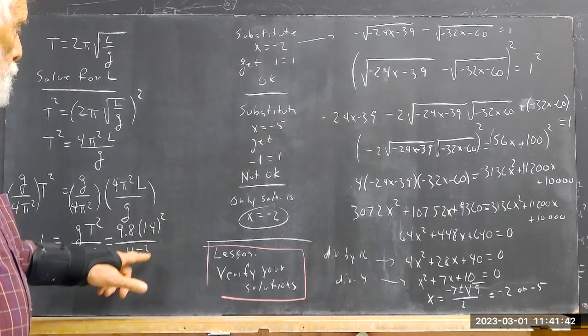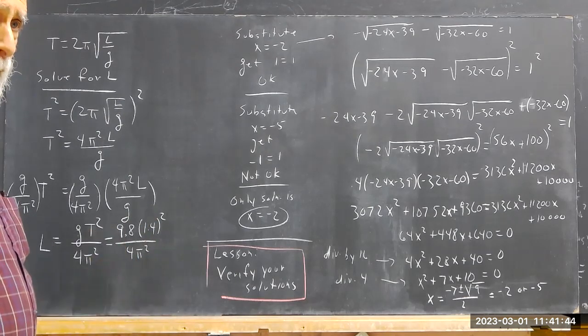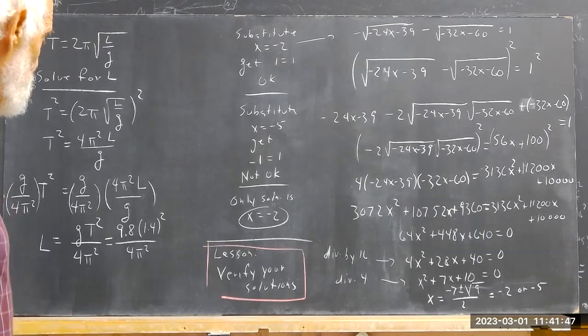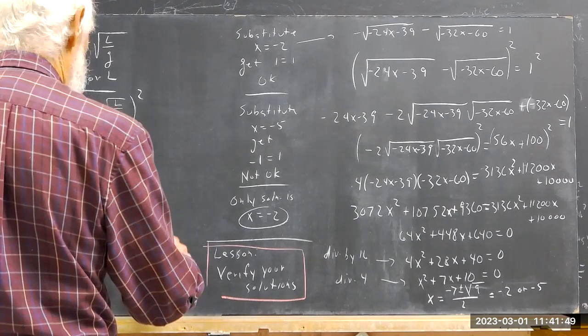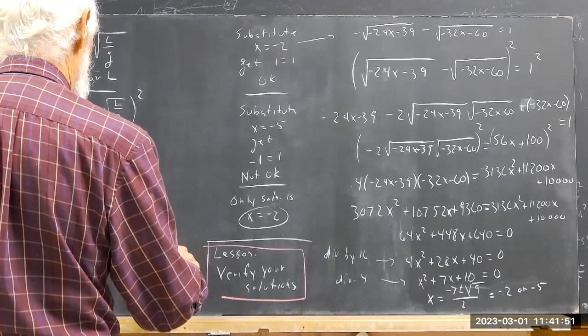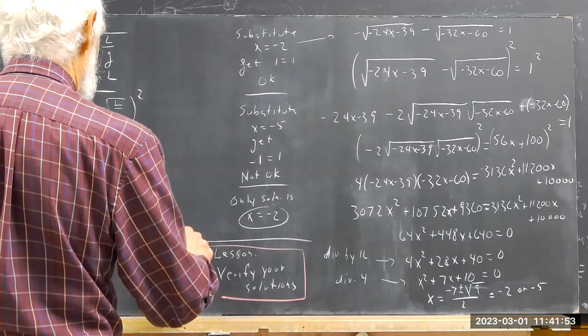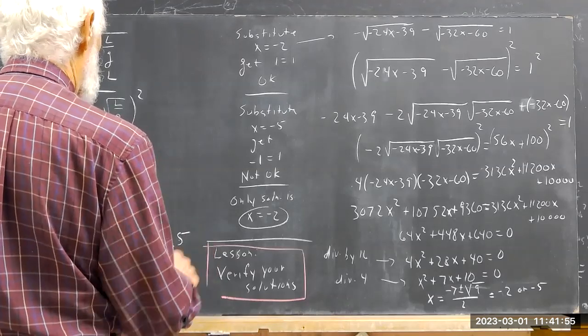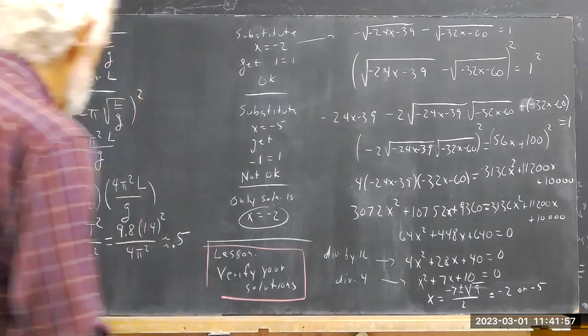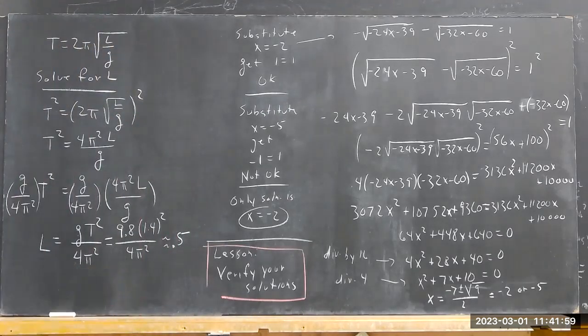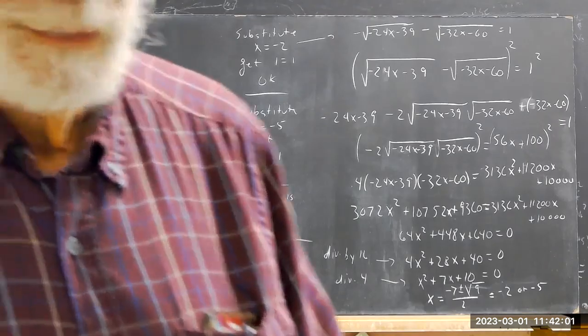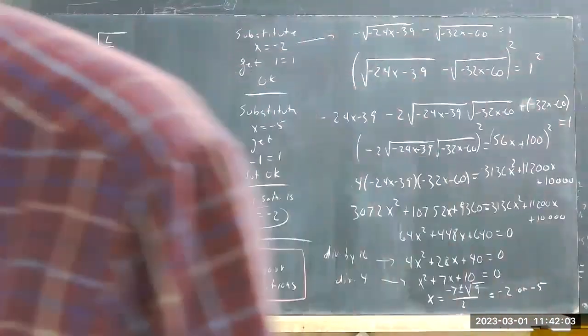So you get like 2 over 40 times 9.8. That's like 20 over 40. You do the numbers, but that comes out approximately 0.5. And it's pretty close to that. I don't think it's off by more than 5%.